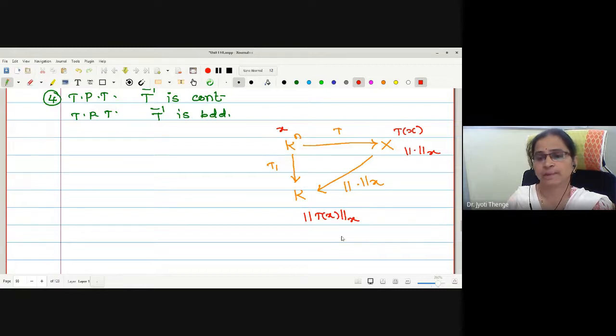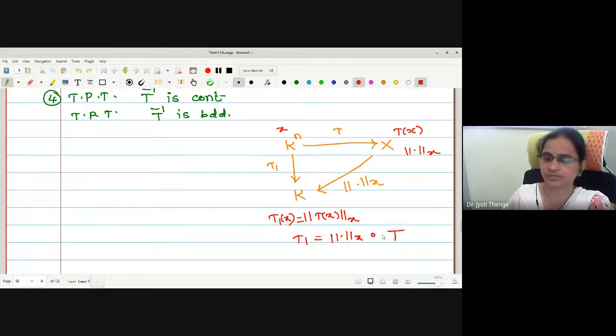Yes, correct now? Then we have taken this path, Kn to X, X to K. Now let me take another path from Kn to K directly by this T1 mapping. If I define the T1 image of x, what will be the element image? Is it T1x? Therefore, let me define T1x as norm X of T of x as a new mapping, which is actually a composition of two mappings: norm X composed with T. Is it okay?